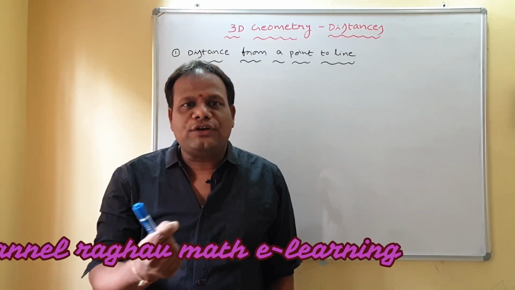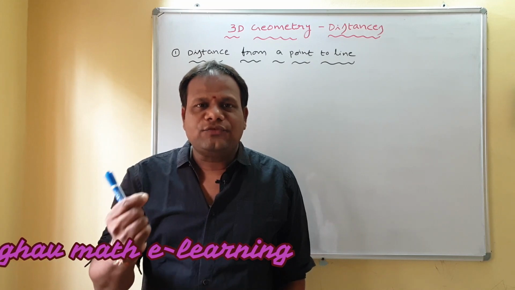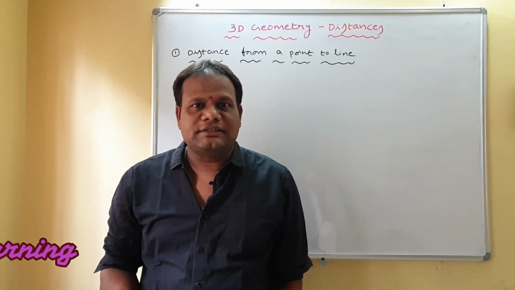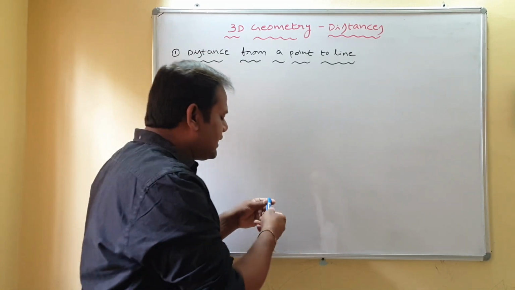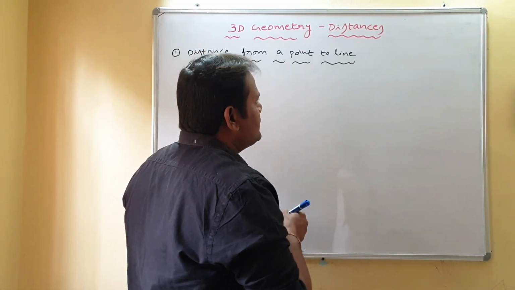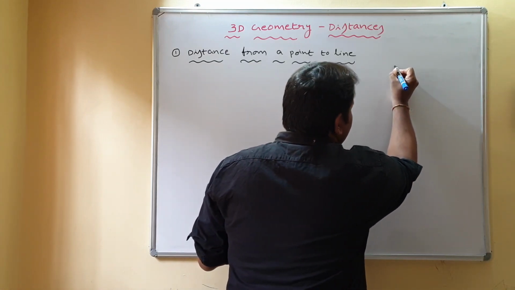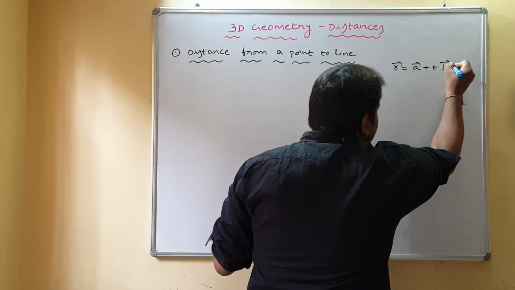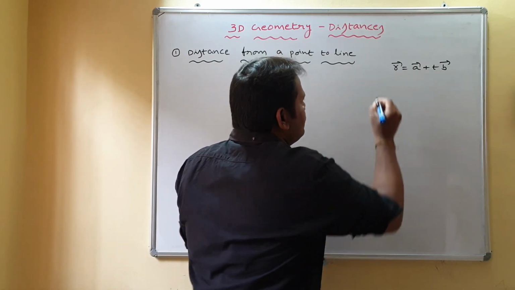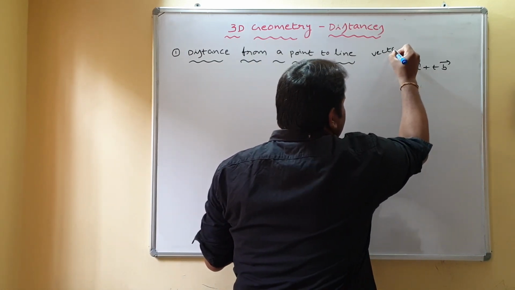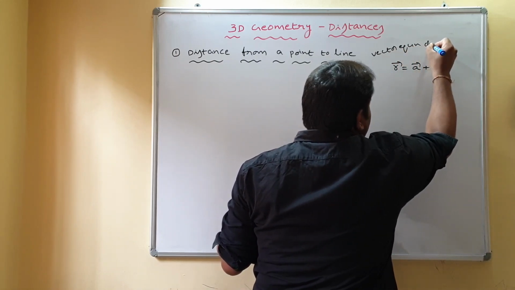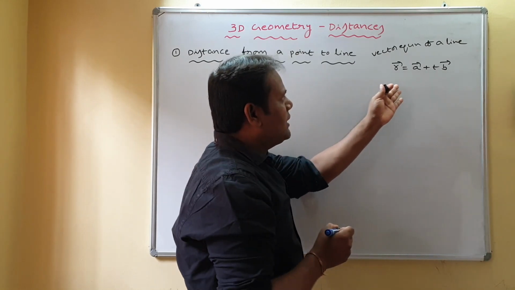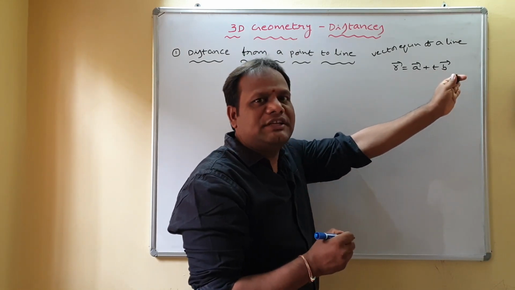Before discussing that, let us go through line equations in vector form and Cartesian form. The vector equation of a line is r bar equal to a bar plus t b bar.